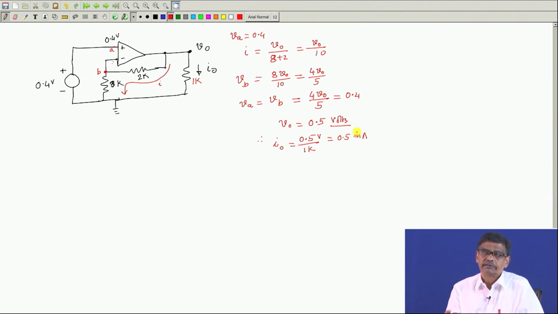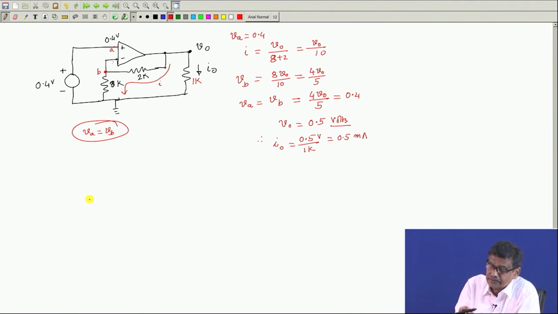How fast you can solve it, you must understand, is that for an ideal op amp in any circuit with negative feedback, this is the crucial thing: VA and VB should be equal under those conditions, and you can solve a circuit. Let us take another circuit which is slightly bigger than this, with 2 op amps. Another example.